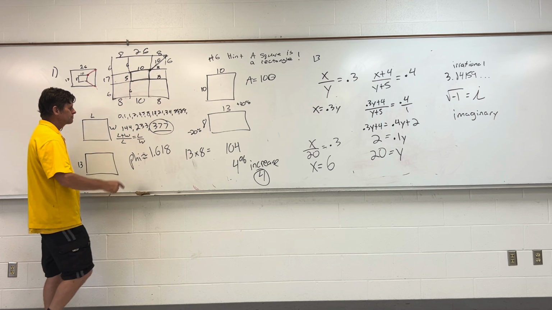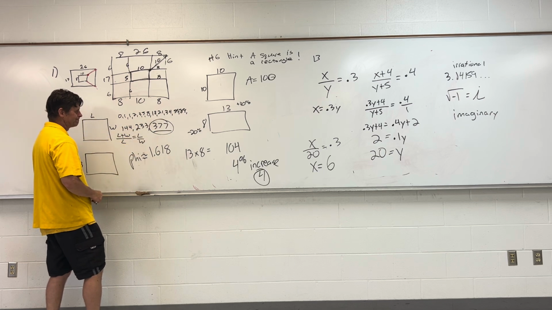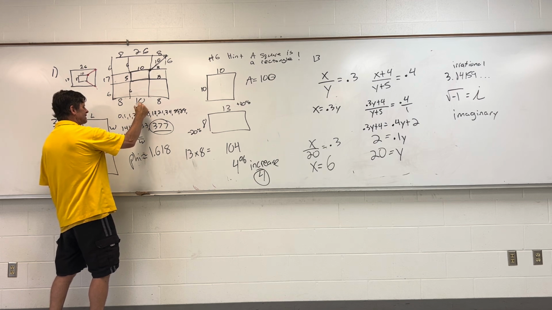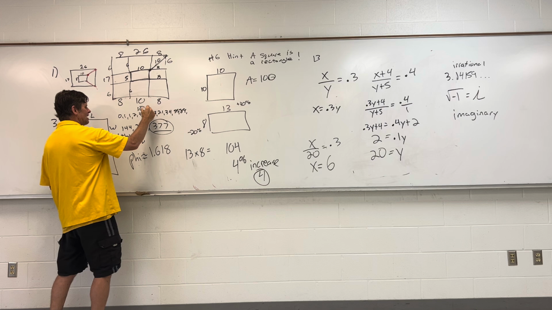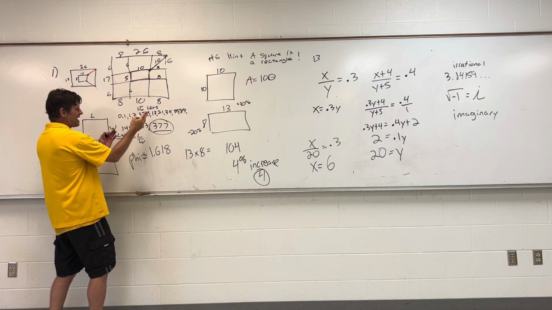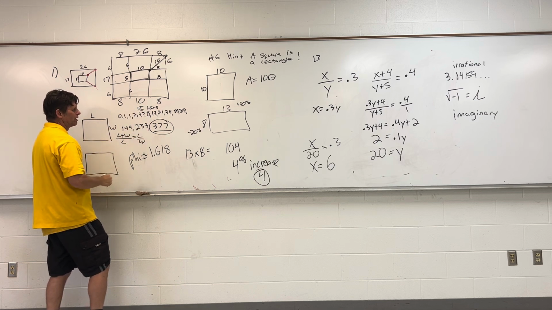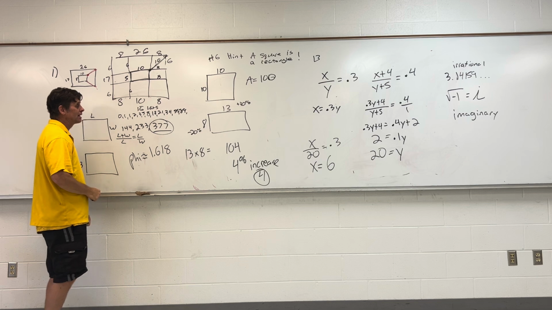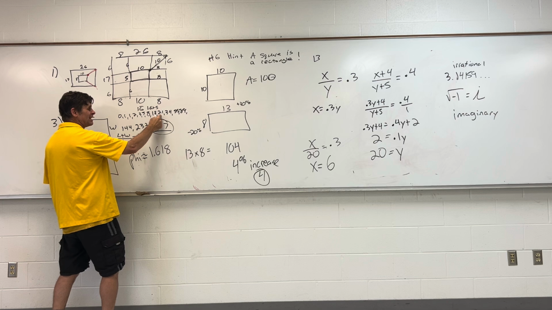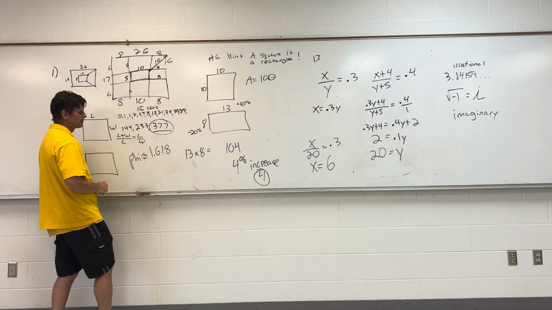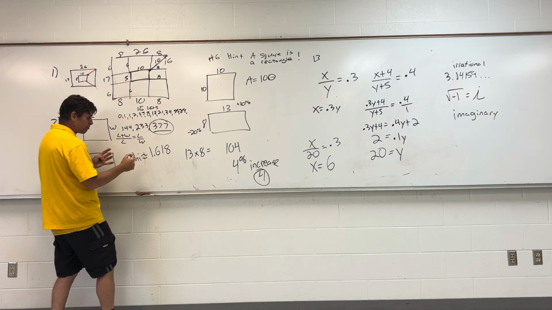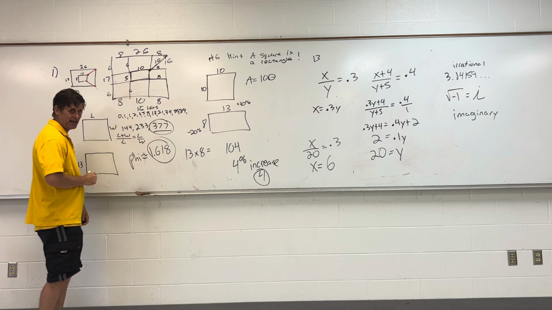As you go along the Fibonacci sequence, 5 divided by 3 is 1.6 repeating. 8 divided by 5 is 1.625. 13 divided by 8 is like 1.62. The further along the Fibonacci sequence I go, the closer the ratio of one Fibonacci number to the previous one approximates phi, the special golden ratio, which is approximately 1.618.